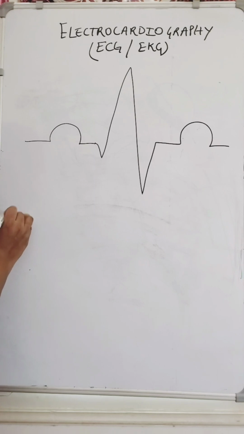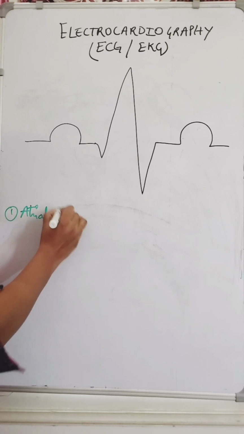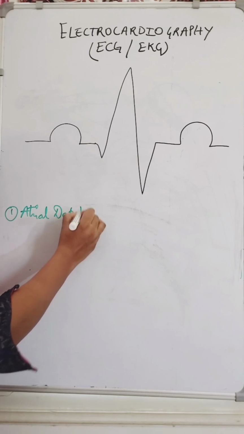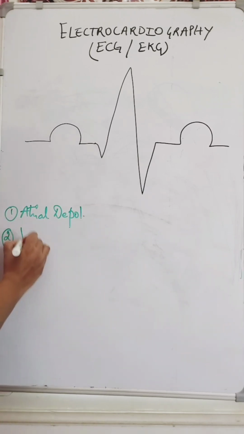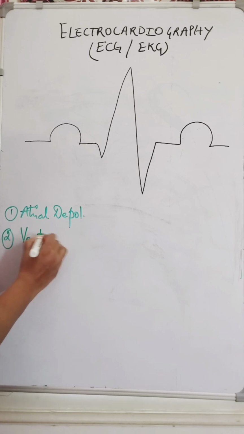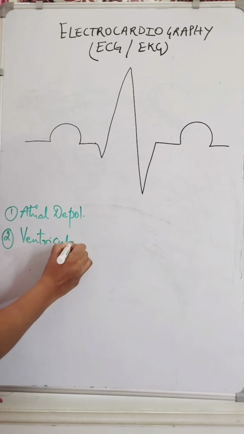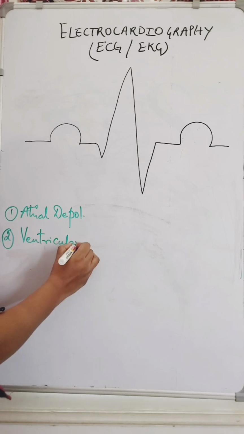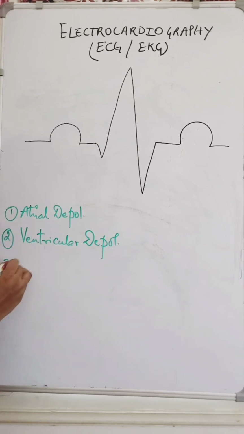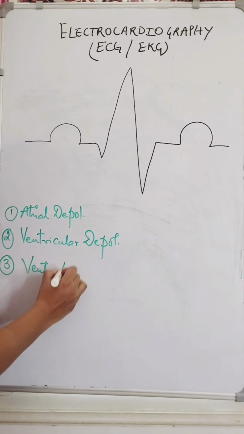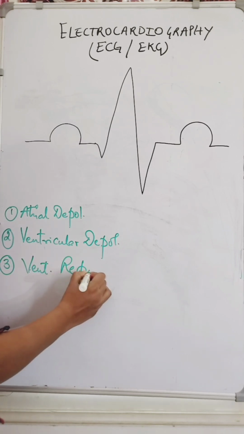Step number 1 is atrial depolarization. Second one, ventricular depolarization. Third one, ventricular repolarization.